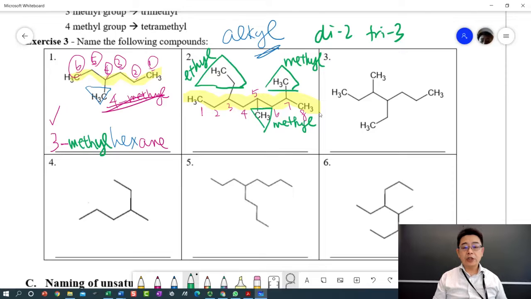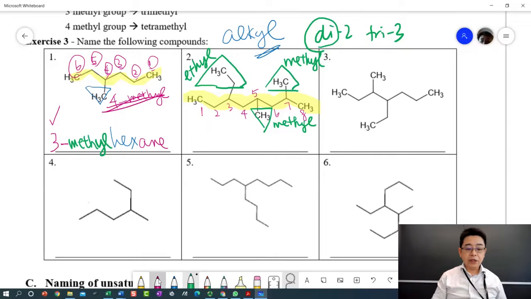So the first question, who are they? Identify, right? One is ethyl, 2 is methyl. So we have 2 methyl, so we need to adopt the prefix for methyl, dimethyl, okay? Now let me form the name first. Start from the left-hand side, work out the functional group, saturation, and then the parent chain.